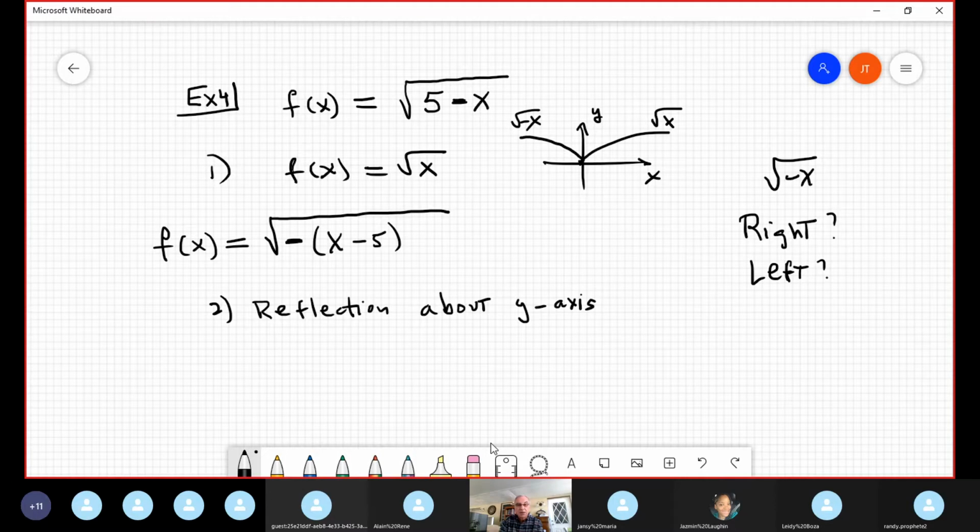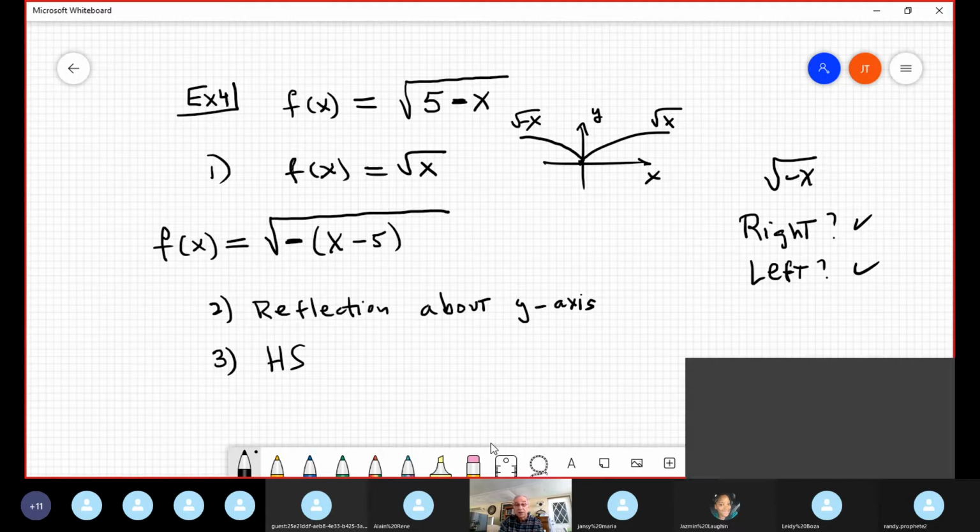And now in number 2, we have a horizontal shift. But in what direction? Right or left? It's to the right, because it's negative.